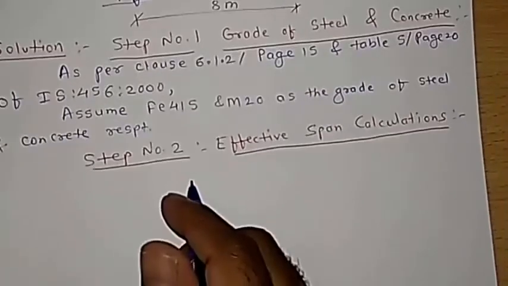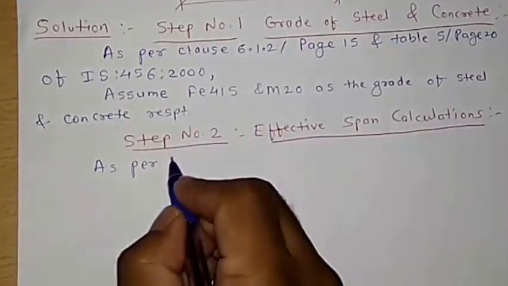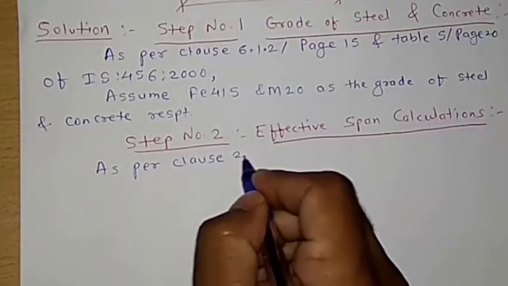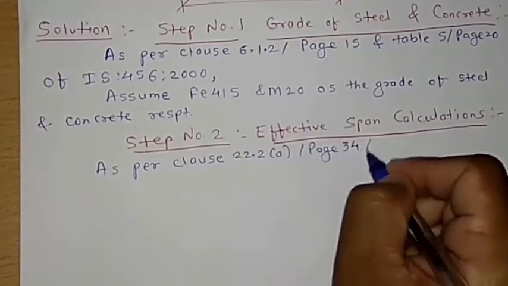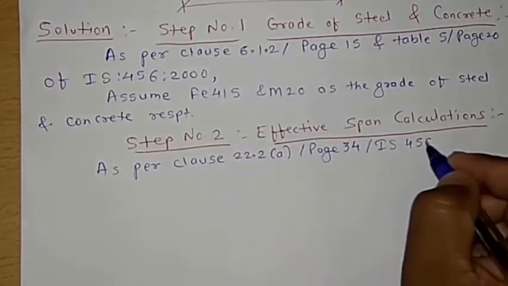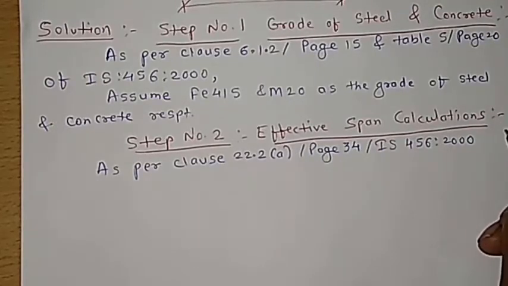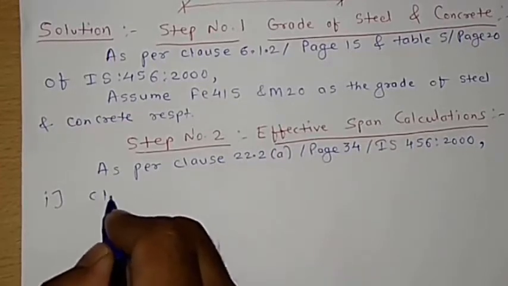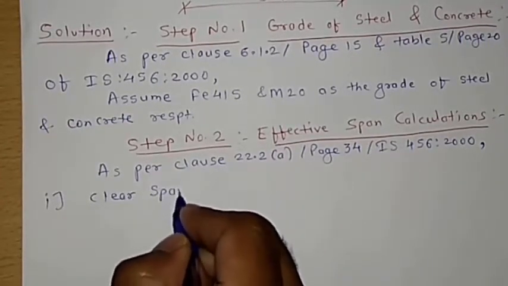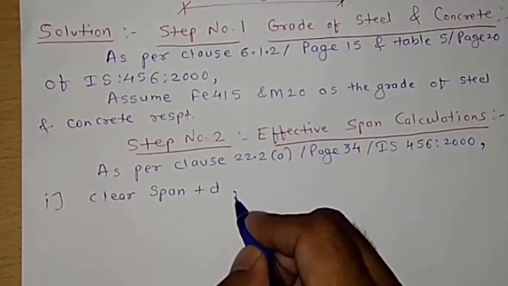So I can write down here that as per clause 22.2a, page 34 of IS 456 2000, we'll be going through the first one, that is clear span plus d, and for that we first of all need clear span.